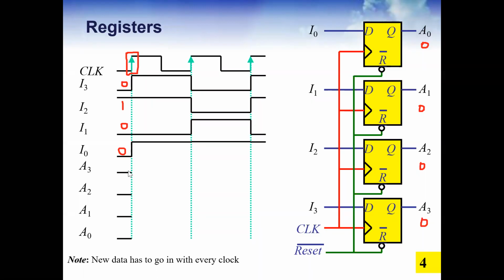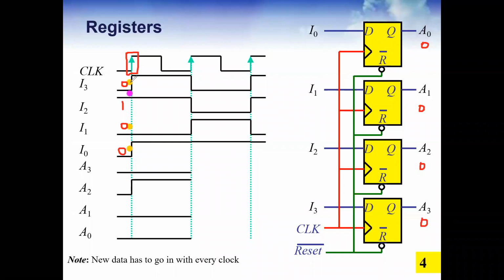Before this trigger, all outputs are 0, 0, 0. But as I trigger, the I3 value will enter A3 and the I2 value will enter A2. The I1 value will enter A1 and I0 will enter A0.